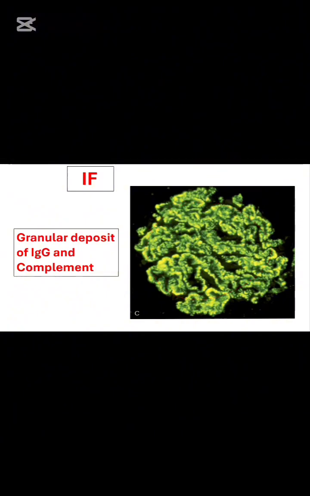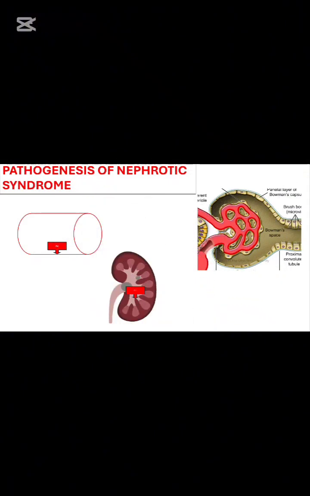Okay, so now the pathogenesis of the nephrotic syndrome, as it is caused both by minimal change and membranous. In case of minimal, it is cell mediated type, but in case of membranous, it is antibody mediated type. So I'm going with the antibody mediated type.